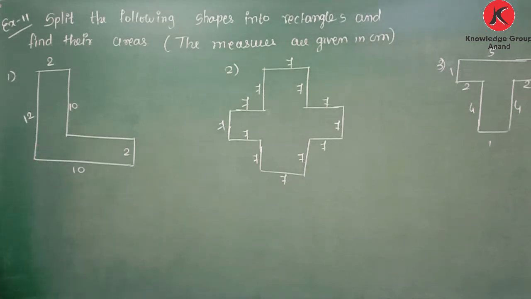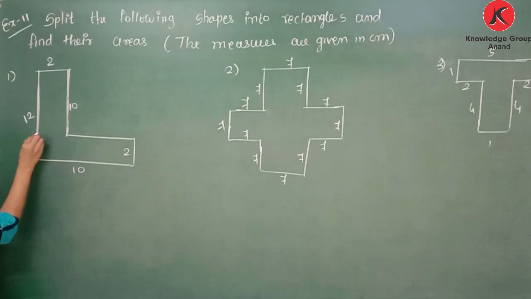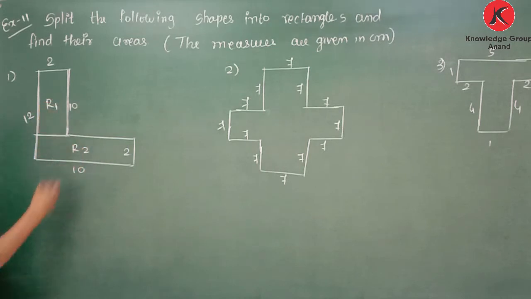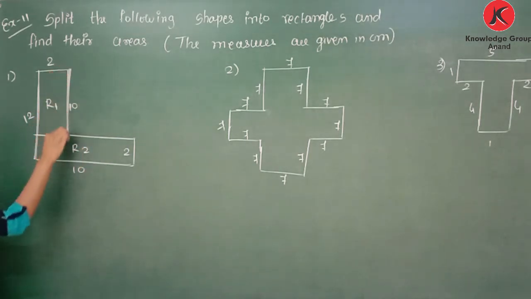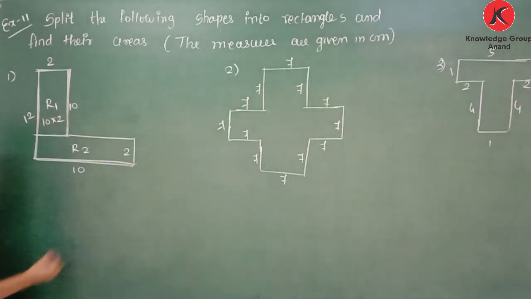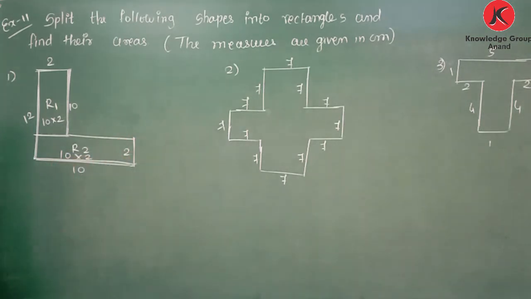Here, in the first figure, this whole length is 12 and from that this part is 10, meaning this much length is 10. So we divide it into the first rectangle R1 and R2. For R1, the length is 10 and the breadth is 2, so 10 multiplied 2. For this rectangle, the length is 10 and the breadth is 2, so it is again 10 multiplied 2.